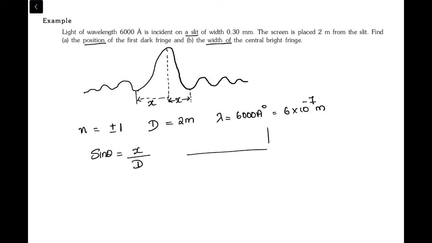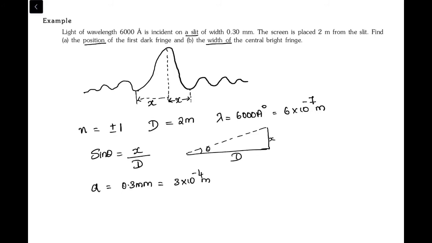If you do remember the triangle, it looks like this. This is theta, this will be x, and this will be D. So sine theta equals x by D. Now what is a? The slit width. Slit width is equal to 0.3 millimeter, which will be equal to 3 into 10 raised to minus 4 meter.